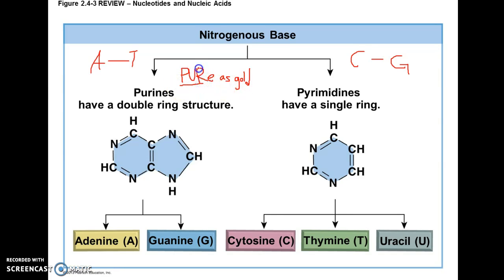PUR, A and G, so those are adenine and guanine, are your purines, and your pyrimidines are going to be cut the pi, and we use the letter Y instead of IE, so that you can remember that they are pyrimidines. So pure as gold for remembering that A and G are purines, and cut the pi, PY, so that you remember that cytosine, uracil, and thymine are pyrimidines.